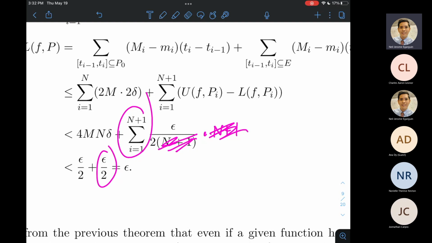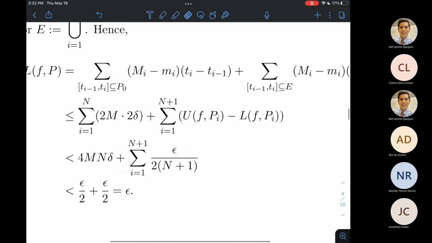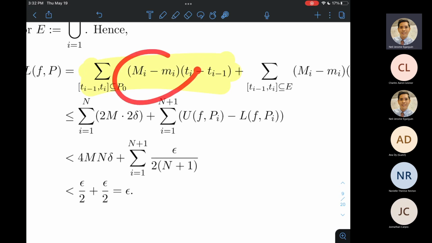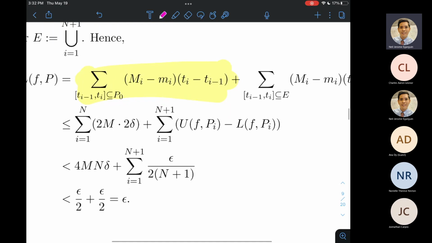Dun sa yellow intervals, eto naman yun. Okay? Kukompute natin yung capital M sub I minus little m sub I, right? But we know that F is bounded.